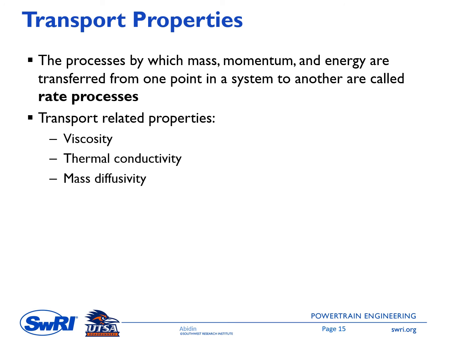In this case, we need several transport properties to model the transport of mass, momentum, and energy. We need the viscosity of the mixture, thermal conductivity, especially for the transfer of heat, or mass diffusivity for the transfer of mass. I'm assuming that you have learned these properties in a fluid mechanics class.